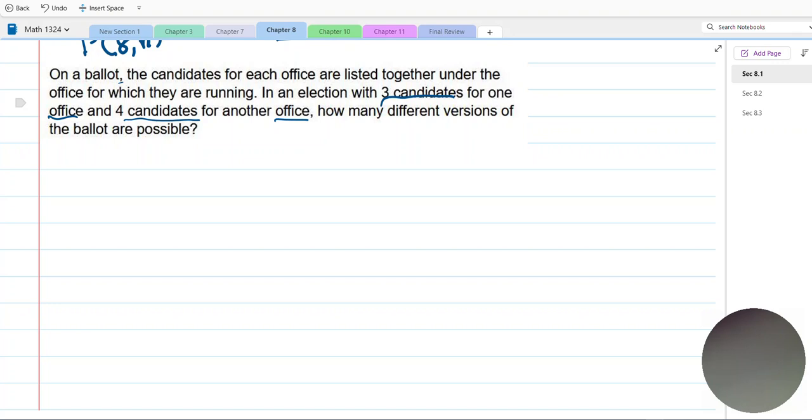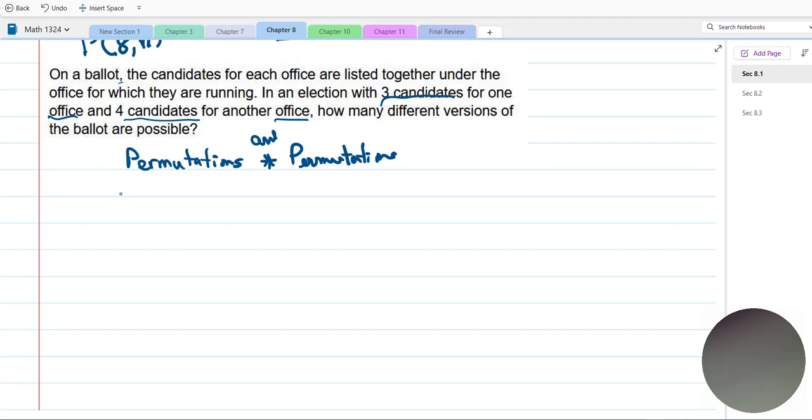So in this one, it's a culmination of everything we learned. We're going to have the permutation and times permutation for the second office.